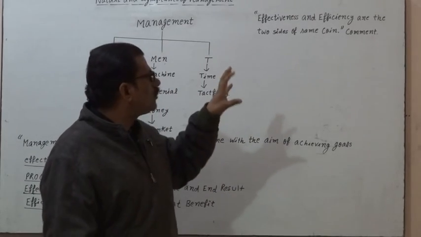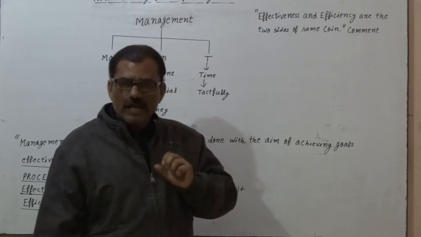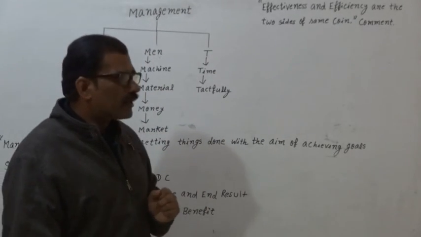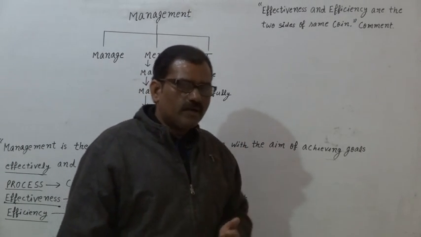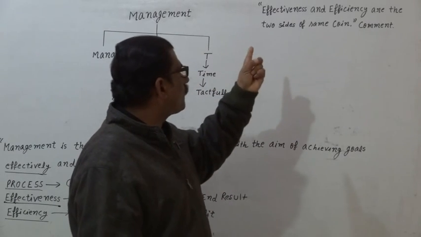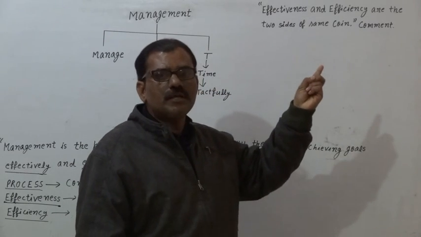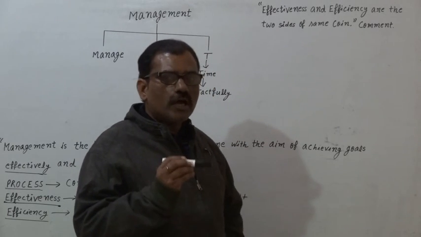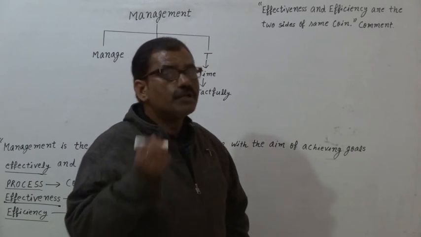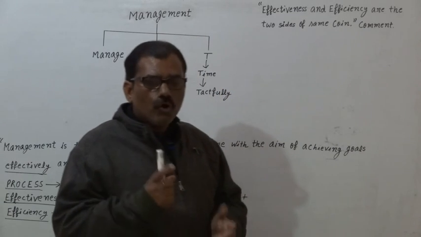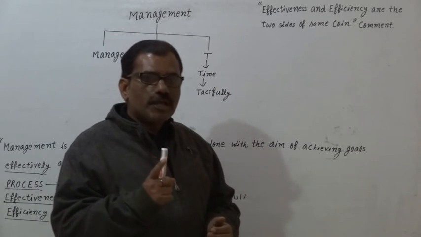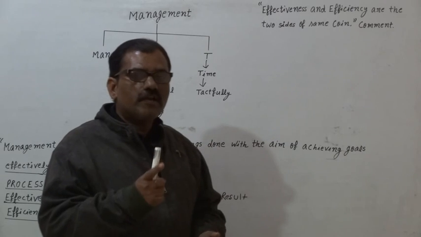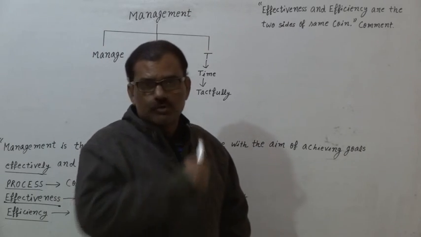You can define these two terms with the help of an example, but again, after explaining the meaning of effectiveness and efficiency, you will explain that these two terms are quite different from each other. But for a manager, it is important to be effective and efficient both.